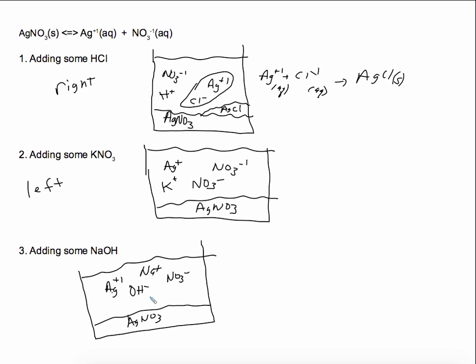But the OH-, it's going to go with the silver, and it's going to form a solid. Silver hydroxide is a solid, so it would sink to the bottom. In essence, you would be removing some of the silver, and so it's going to shift to the right.